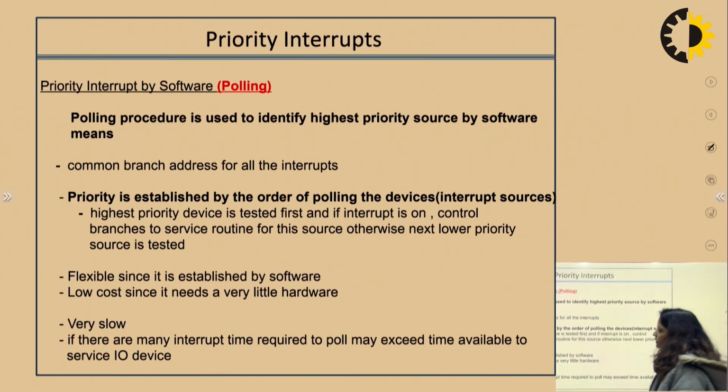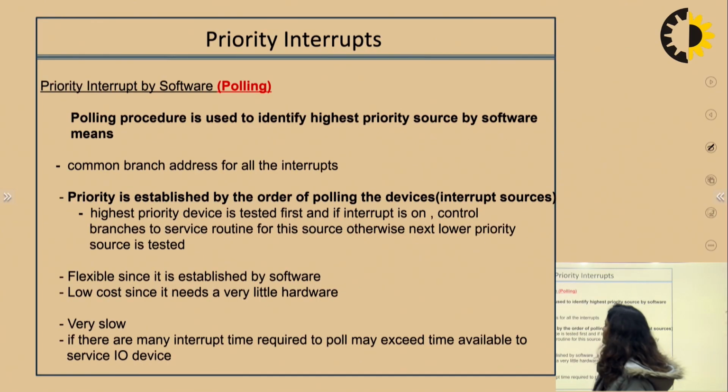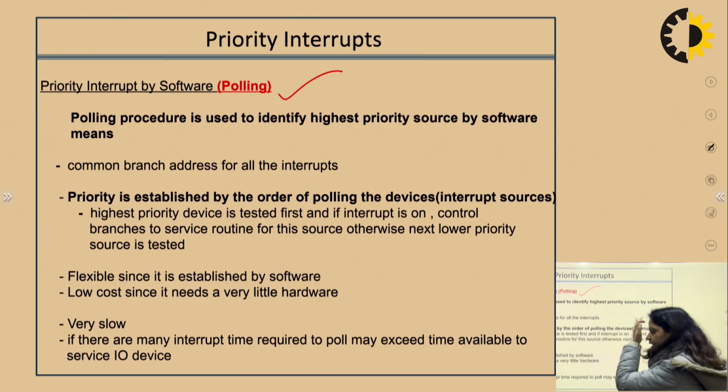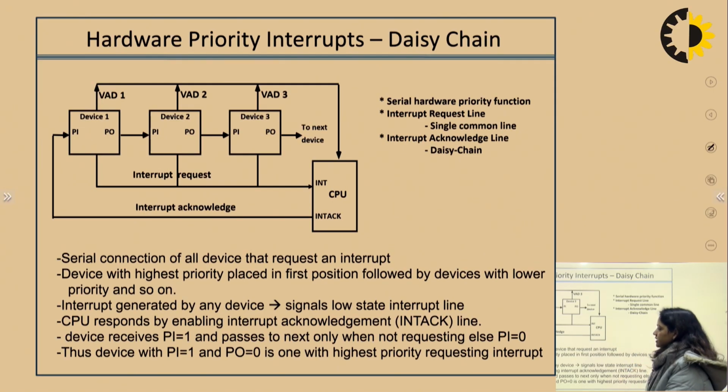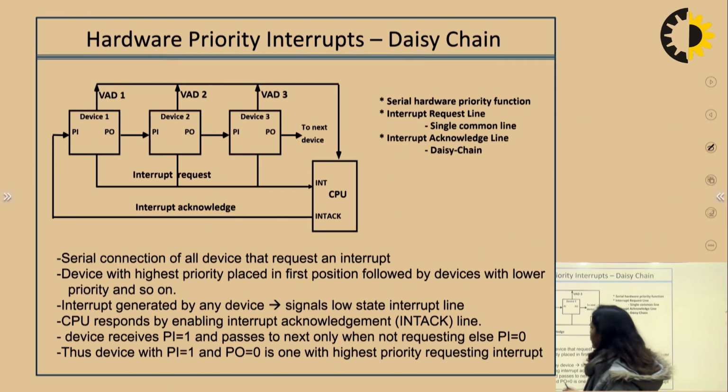The very first technique for priority interrupt is the polling technique, or we can say the daisy chaining polling technique. Now what is the polling technique? Here, as we can see in this diagram, we have certain devices connected in a sequence.